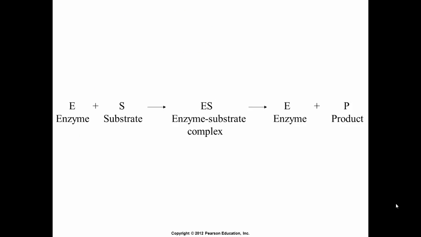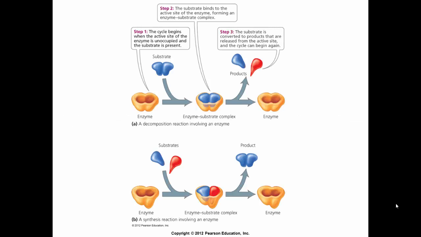So this shows the enzyme plus the substrate forms the enzyme substrate complex, yielding the products and the enzyme. You notice that the enzyme begins in the reaction and is also at the end of the reaction. So enzymes are not consumed in the process. They just act to lower the activation energy to speed reactions.